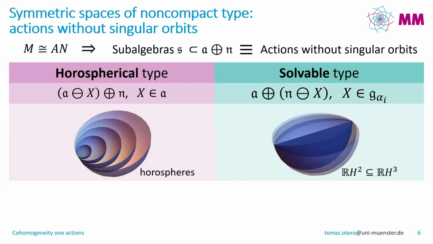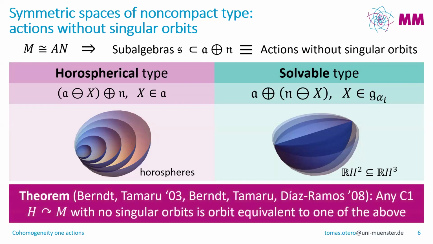And the corresponding actions are known as actions or homogeneous foliations of solvable type. This is, for example, the way you can construct an action on, again, real hyperbolic three-space with a totally geodesic real hyperbolic plane passing through the origin and equidistant hypersurfaces as orbits.